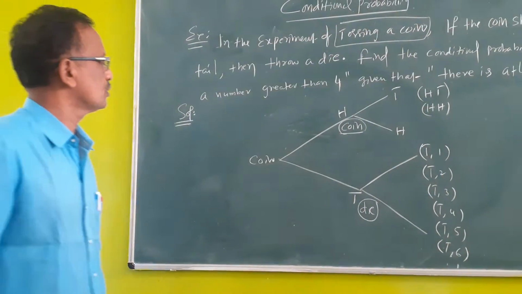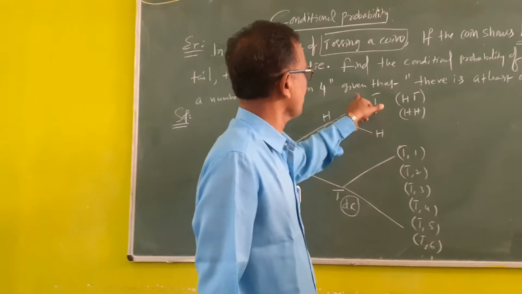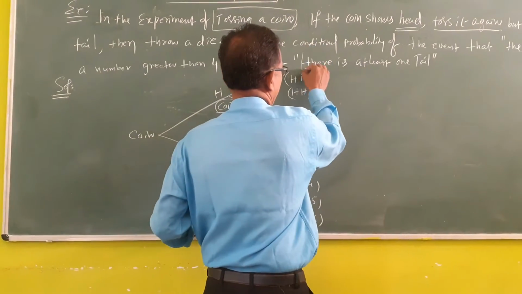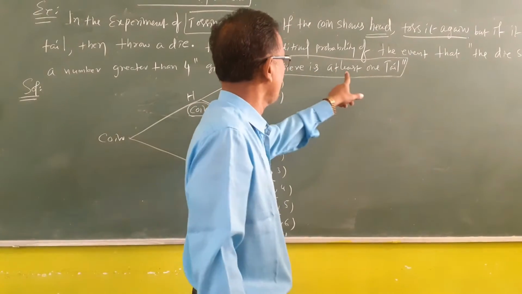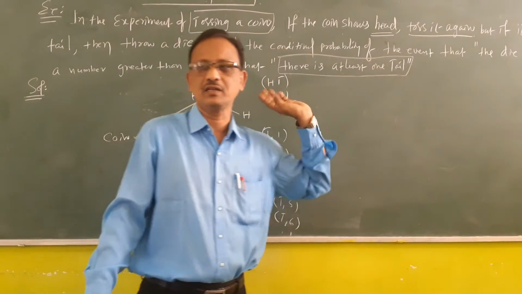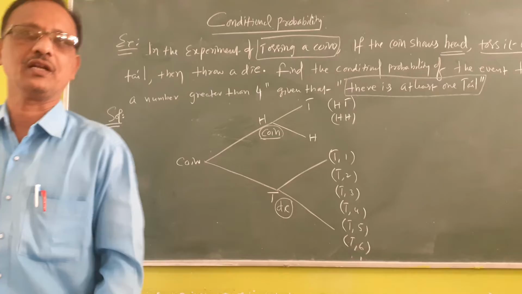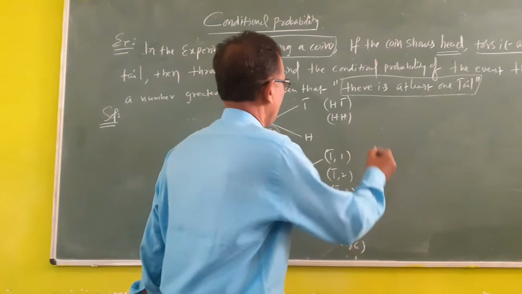Now what we have to find, given that the first event has happened: there is at least one tail. Suppose we take this as E, the event that there is at least one tail. What are the favorable outcomes? At least one tail.